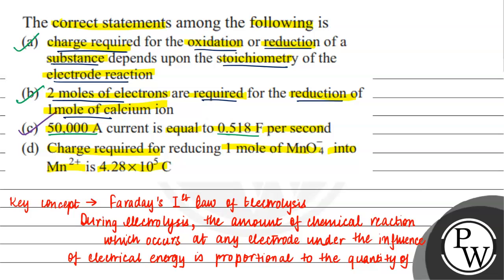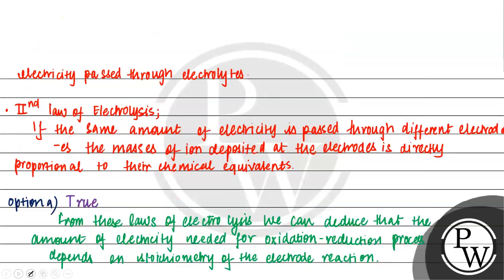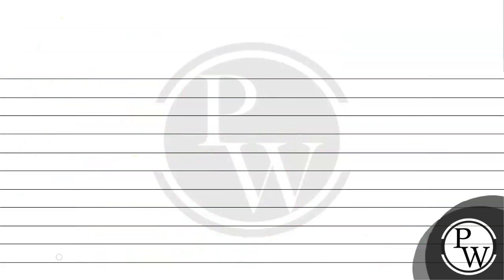Now let us look at option D. Charge required for reducing 1 mole of MnO4 minus into Mn2 plus is 4.28 into 10 to the power 5 coulombs. If we look at option D, MnO4 minus plus 5 moles of electrons gives Mn2 plus.